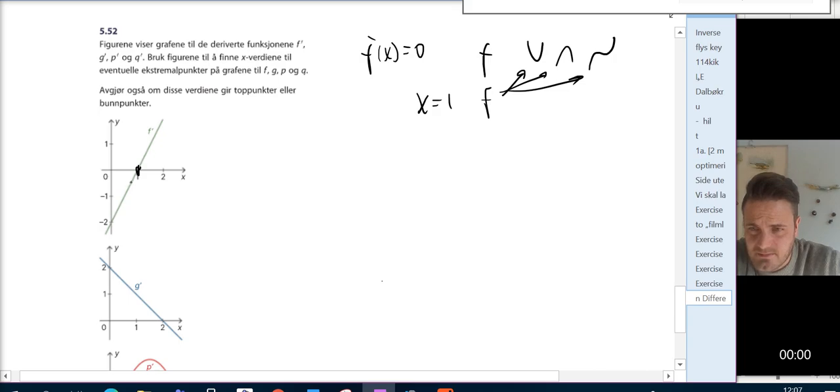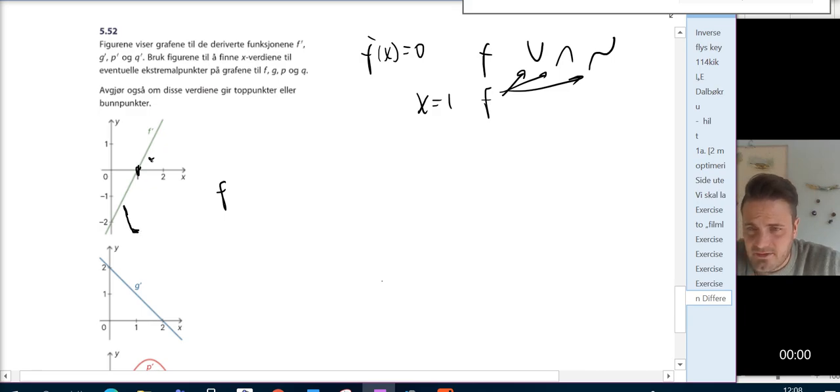And we see that just before 1, the derivative is negative, minus 2, minus 1, and so on. And this means that f, which of course I can't see here, but I know that f then has to decrease like this, all the way up to x equals 1. And then the derivative is 0, which means that f stops decreasing.